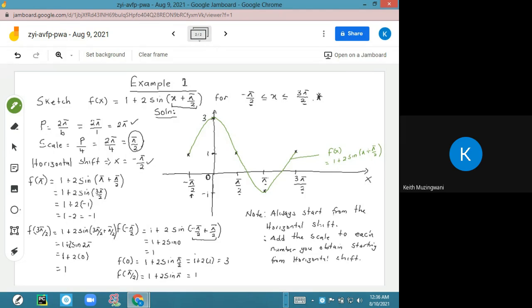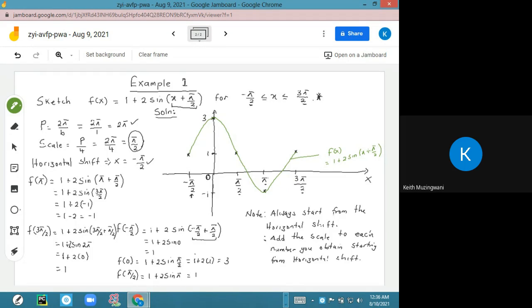And that's how you sketch this function. I want to ask, there where there's 1, according to the 1, it is a vertical shift, but why didn't you indicate on the graph that that is where the vertical shift is?